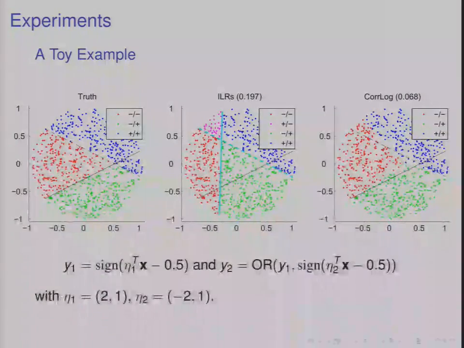From the definition of CorrLog, we know that it only captures the second-order correlation between labels, and it also follows a symmetric formulation. It means the correlation between yi and yj is the same as for yj and yi. But in the data generation procedure, you see that the two labels are not symmetric.